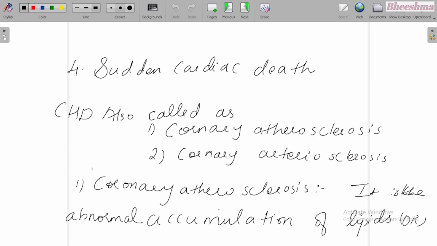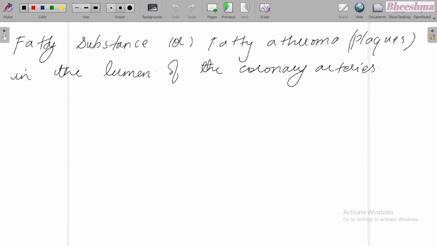Coronary atherosclerosis is an abnormal accumulation of lipids or fatty substances, or fatty atheromas, that is atheromatous plaques, in the lumen of the coronary arteries.